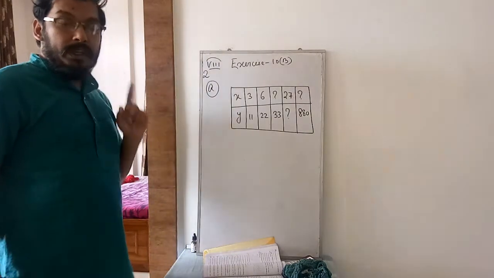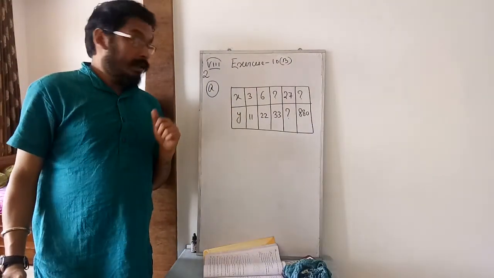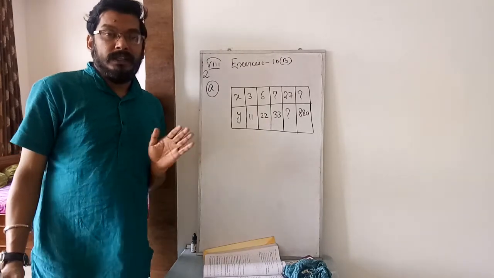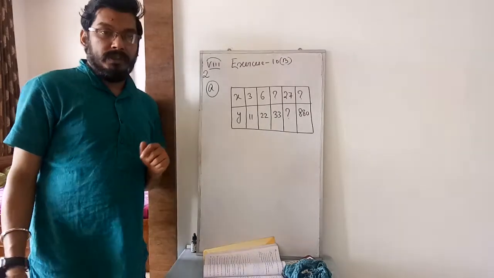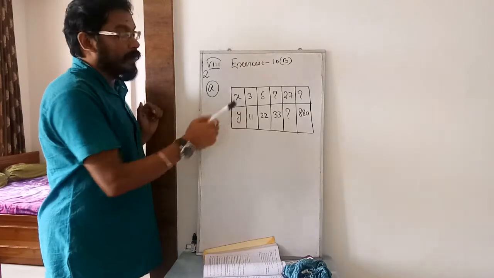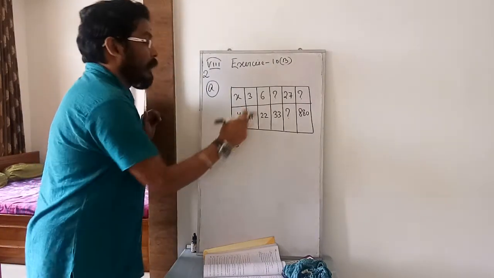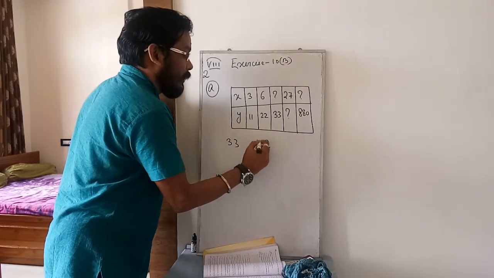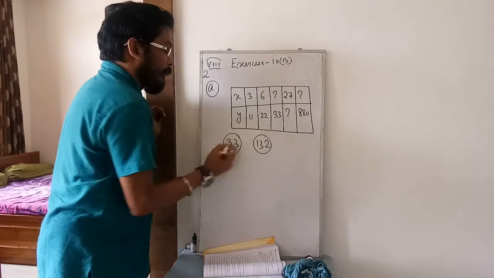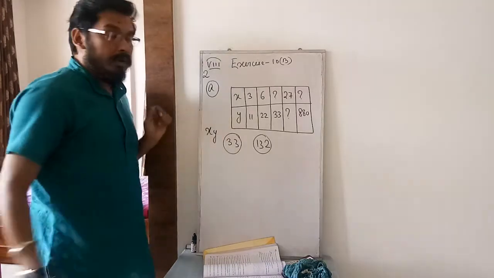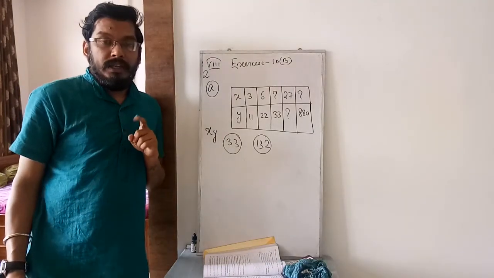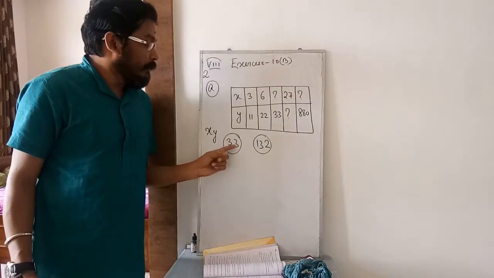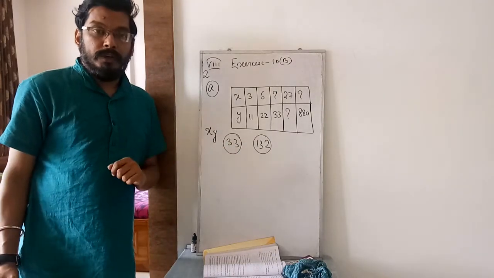If it varies directly, y by x will be constant, and if it varies inversely, then x into y equals a constant. If I multiply 3 into 11, it is 33, and if I multiply 6 into 22, it will be 132. It is not matching if I do x into y, because if it varies inversely, then x into y will be constant, but here the value is different, so it will not vary inversely.